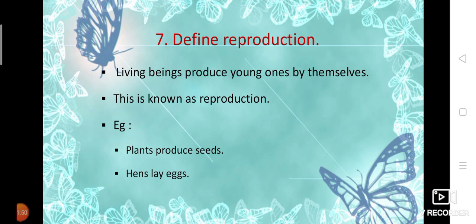And a hen lays eggs. From the eggs the young ones will be hatched out, isn't it? So that is reproduction. Living beings produce young ones by themselves. This is known as reproduction. Okay, so examples are also very important.